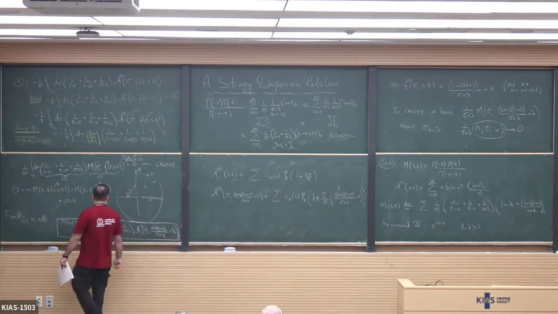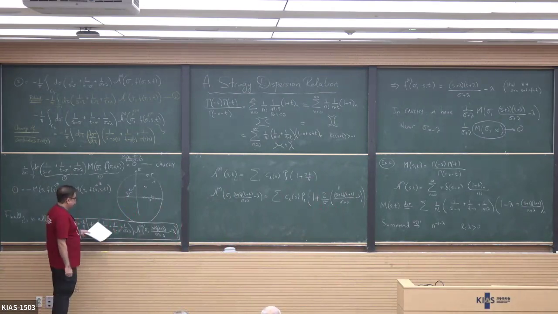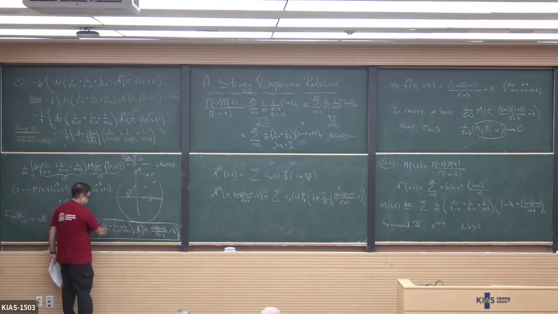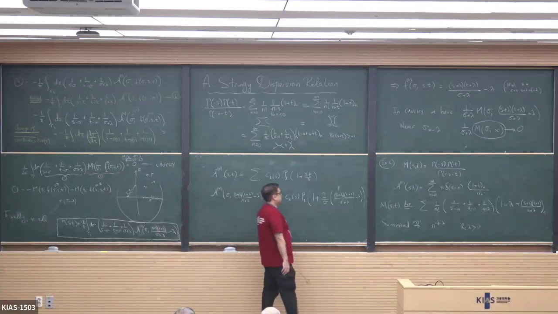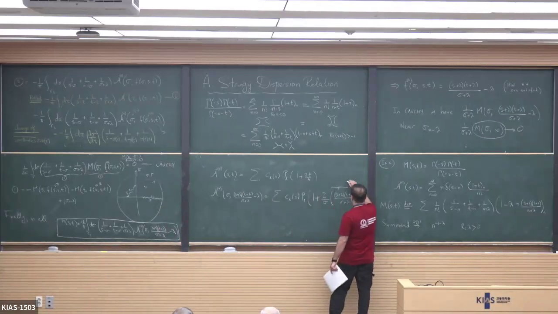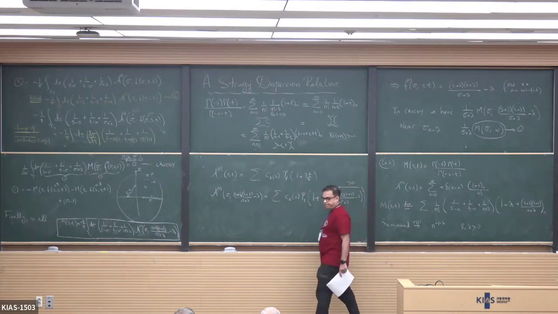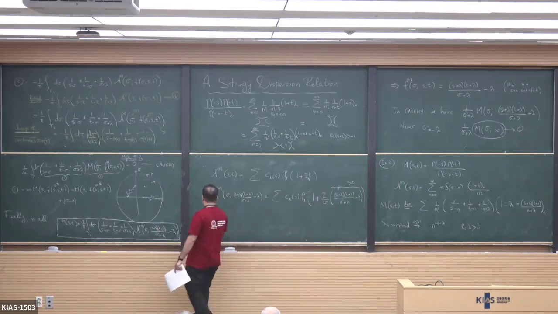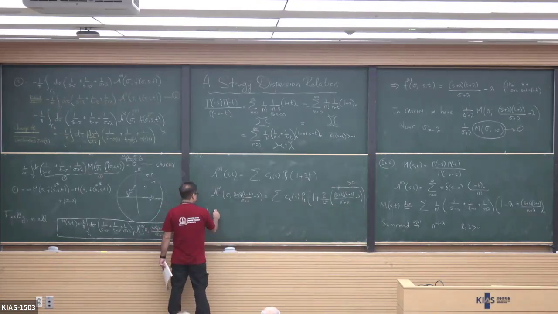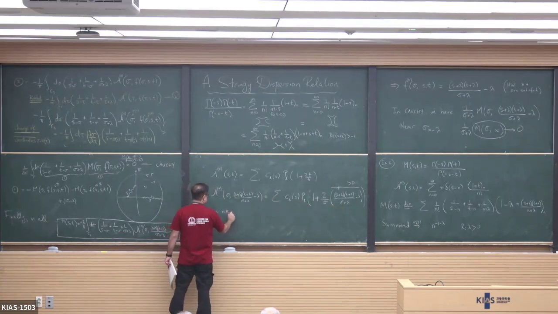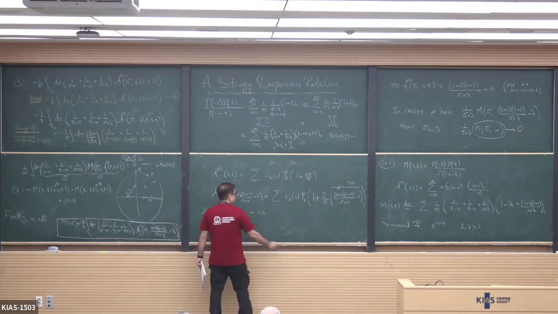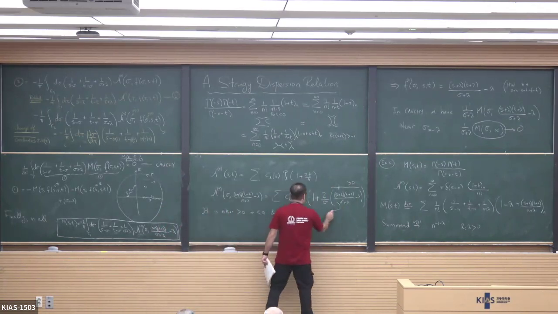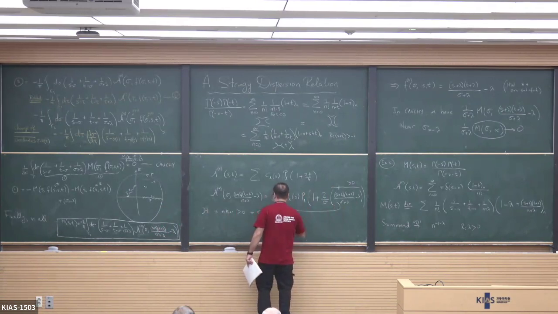And now you can ask, are there any choices of s and t and lambda such that this is of a definite sign and this object is bigger than 0? So the kernel is either greater than 0 or less than 0, and this condition is true.